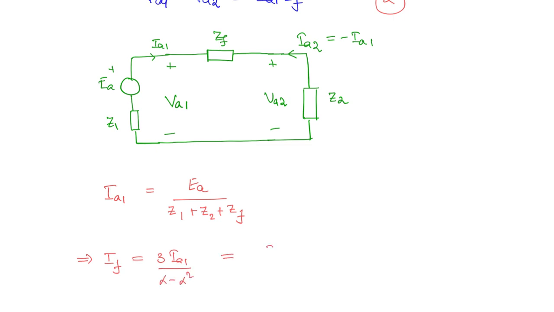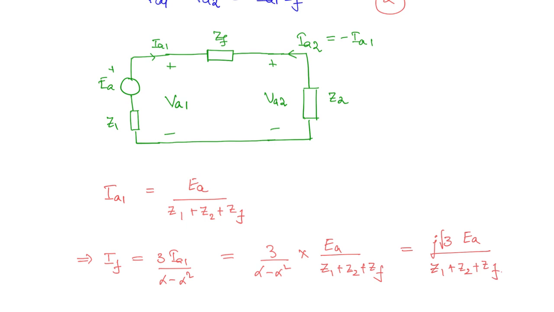So, you can substitute this equation here, alpha minus alpha square into this expression. Okay. So, you are going to get EA divided by Z1 plus Z2 plus ZF. So, then the final expression, if you simplify, you are going to get J root 3 EA divided by Z1 plus Z2 plus ZF.